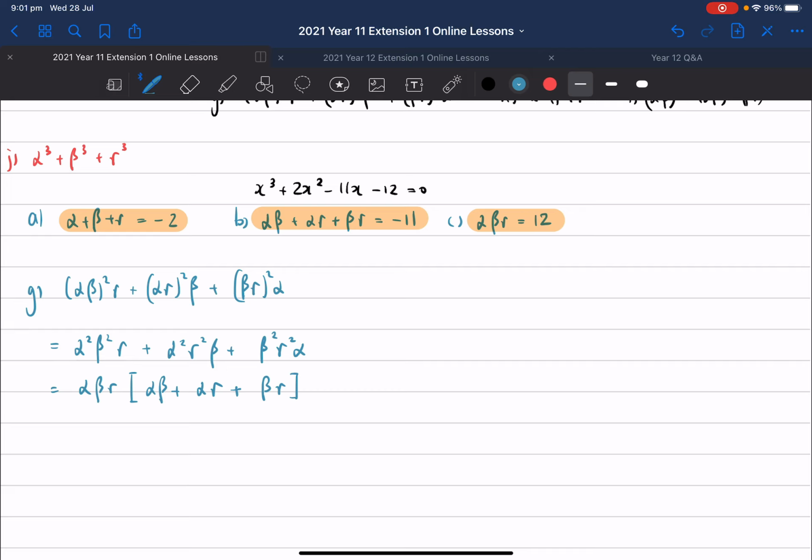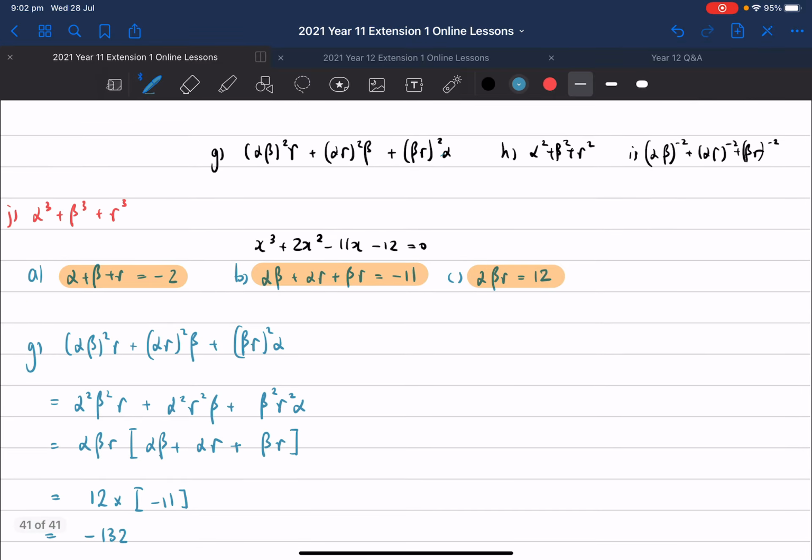All right, perfect. So if you just factorize the alpha beta gamma out, you end up with the product of 3 terms and the sum of the product of 2 pairs. So now we can just do a substitution. That's 12 times negative 11. Using a calculator, the answer would be negative 132. All right, that's what G is.